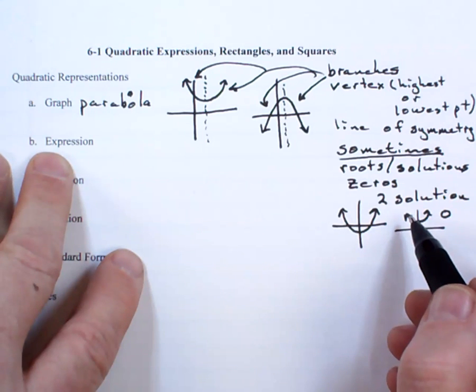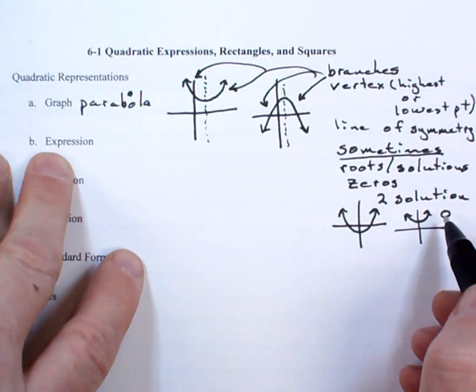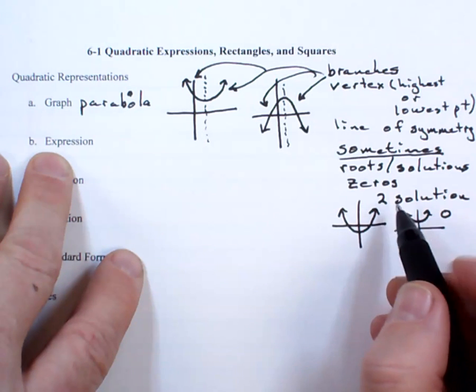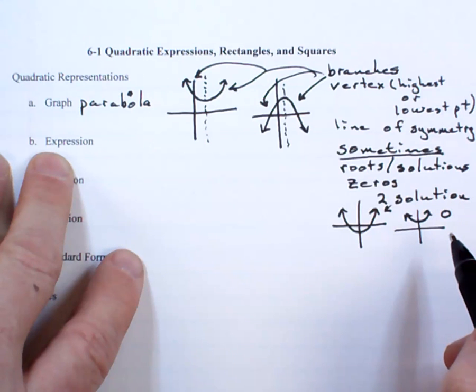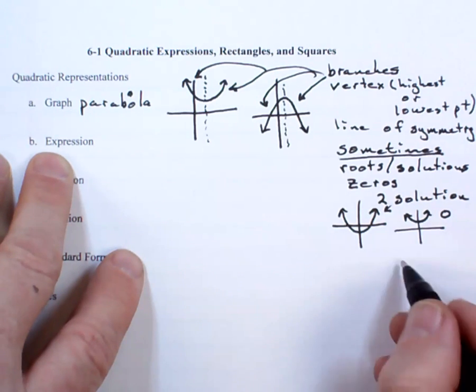Is there another drawing that can tell you how many possible solutions there may be? We have 0, we have 2. Is it possible to have 1? Morgan. Would it be if the parabola was just touching the x-axis?